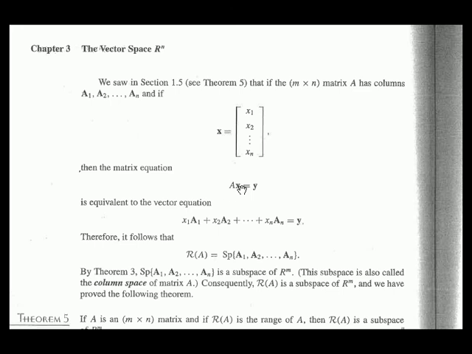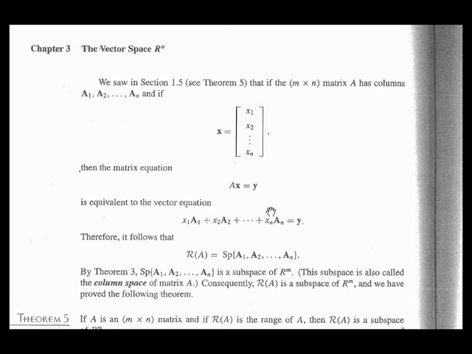That's first component of x times first column of A plus second component of x times second column, and so forth. In other words, being in the range is the same as saying you're a linear combination of the columns of A. So the column space is exactly the same as the range of A. And since it's a span of a set of vectors, it's automatically a subspace.